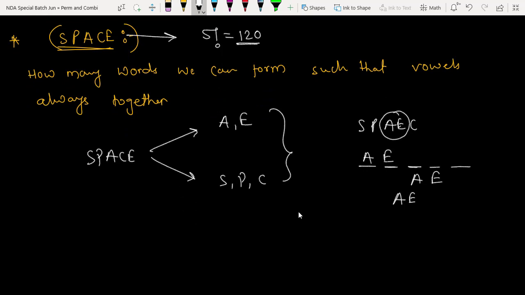Is it okay if I take only AE? Can I take EA also? Yes, I can take EA also, and that also gives me vowels always together. Either EA or AE.